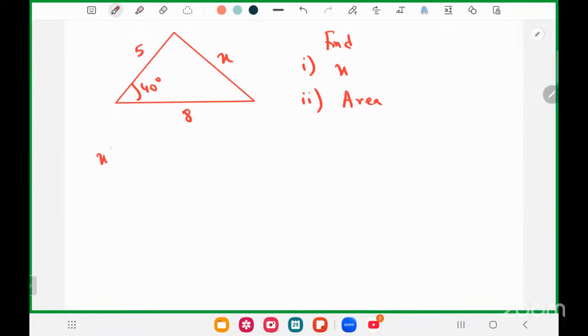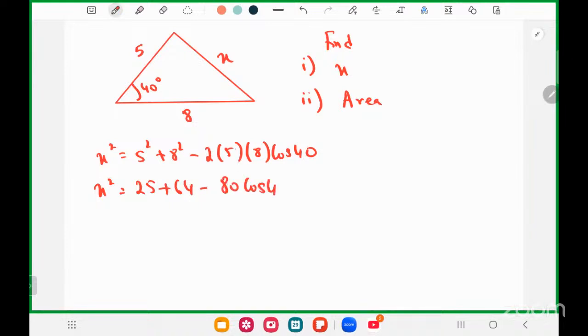So x square is 5 square plus 8 square minus 2 into 5 into 8 into cos 40. X square, 5 का square is 25, 8 का square is 64, 2 into 5 is 10, 10 into 8 is 80 cos 40.